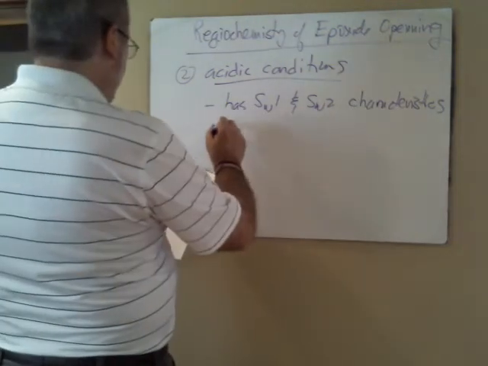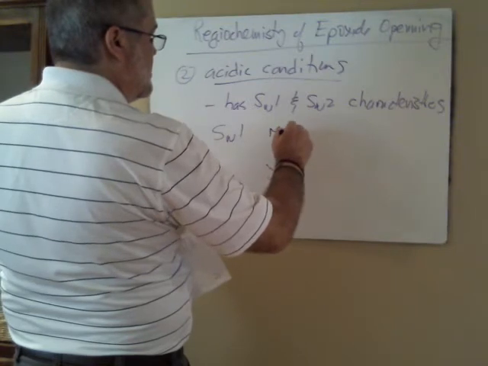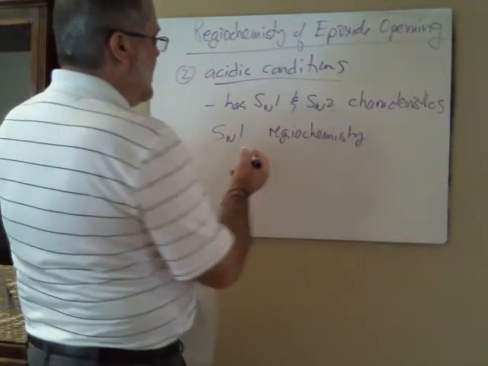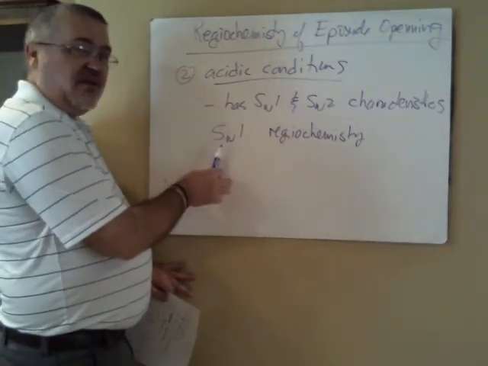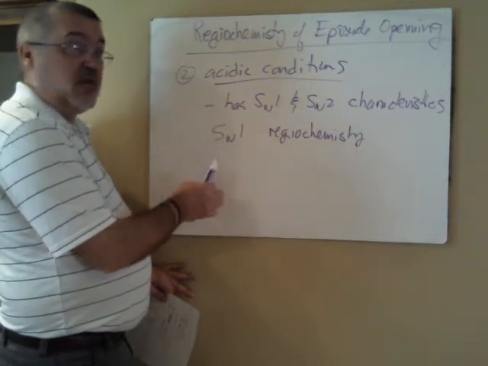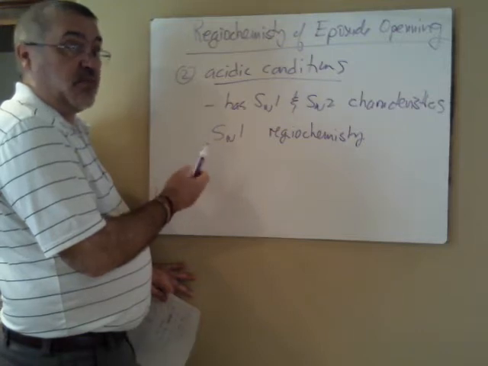And it's basically because the regiochemistry is actually SN1-like. So that means the nucleophile is going to go to the more substituted side. And we saw that, right, when we were opening bromonium ions.